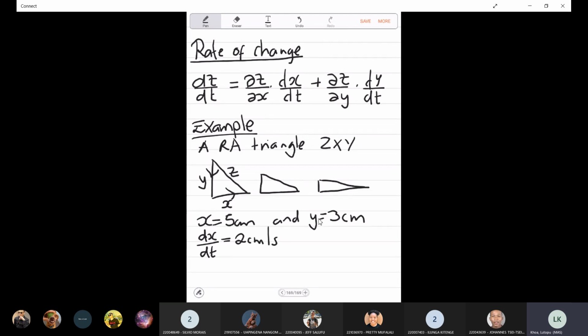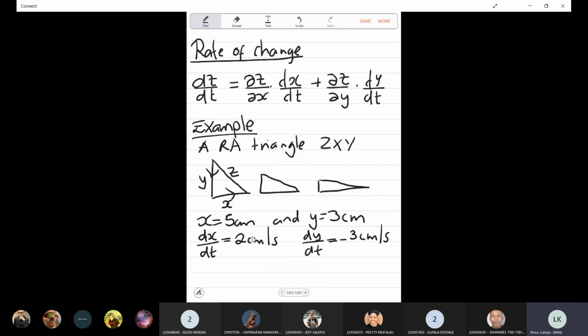Then we are also told that y is decreasing. So when something is decreasing, we use a negative rate. So we say dy/dt is negative 3 centimeters per second.